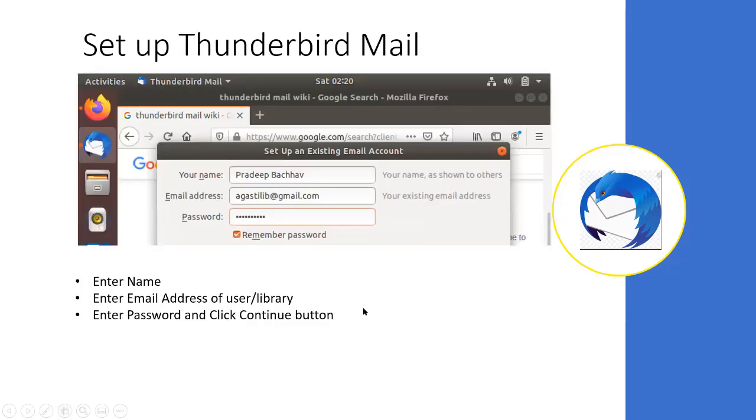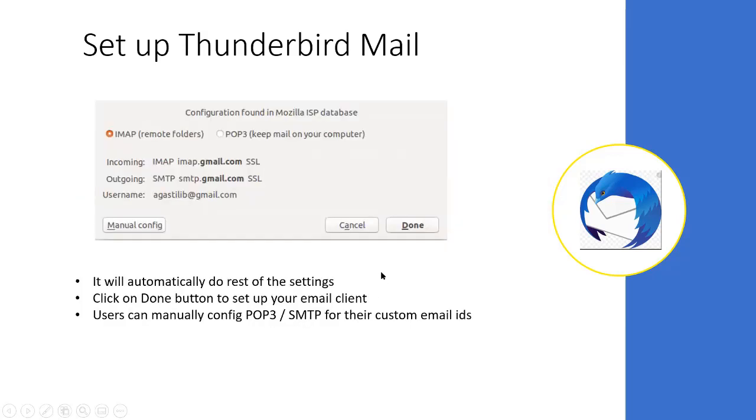Okay, let's see how to use Thunderbird Mail. You need to enter your name, enter the email address of the user or library, enter the password of the email ID, and click the continue button. It will automatically do the rest of the things according to your domain.